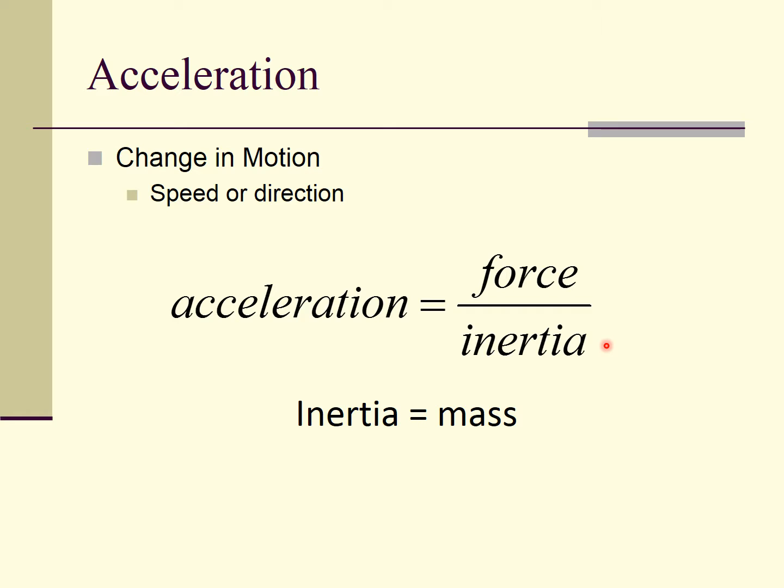So the first law describes inertia as a resistance to change in motion. The second law describes the change in motion as the ratio of the applied net force, the total force acting on the object, to the inertia of the object.